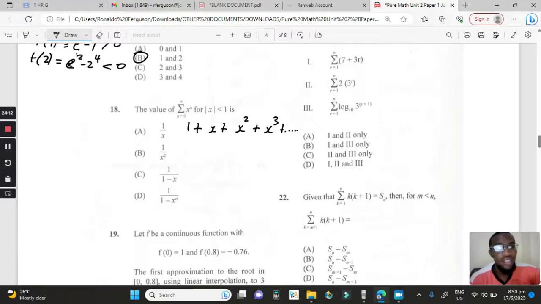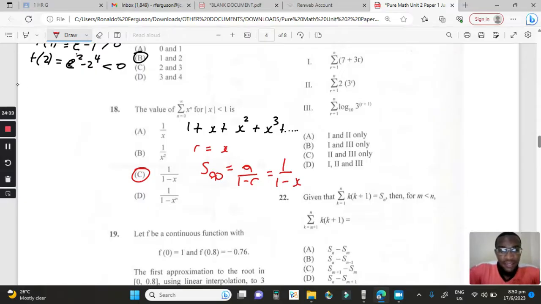So we notice that this is a geometric progression where the common ratio is x. Therefore the sum to infinity is a over 1 minus r. The first term a is 1, and r is x. Easy, option C. Easy, because this just means sum to infinity.